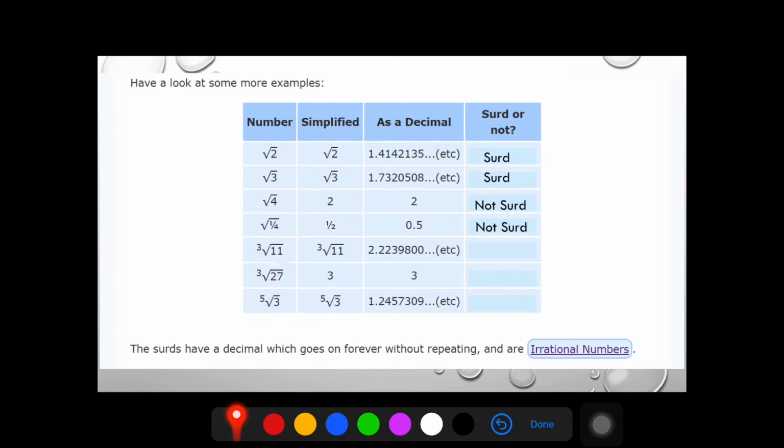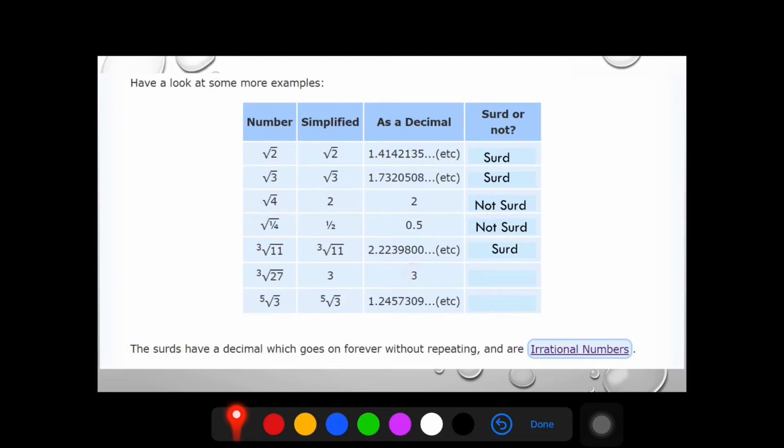Cube root of 11. Simplify it, we still get cube root of 11. So definitely this is a surd. Cube root of 27 simplifies to 3. As a decimal also 3. So this is not a surd.